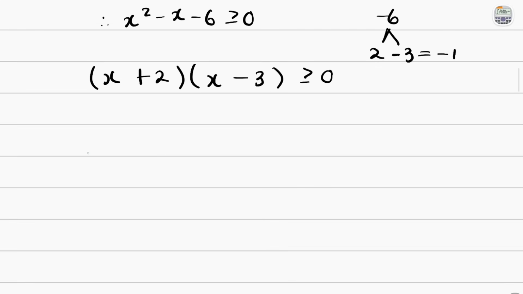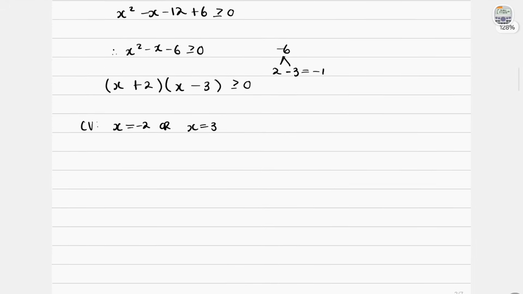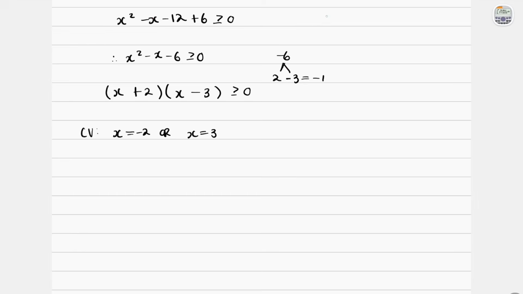So to find the critical values now, okay, those points that mark where our solutions start, we are just going to equate this to 0. So it's like saying x plus 2 equals 0, therefore x equals negative 2, or x equals positive 3. And now that we have this, we can solve our inequality using our graph, or you can use the number line method.